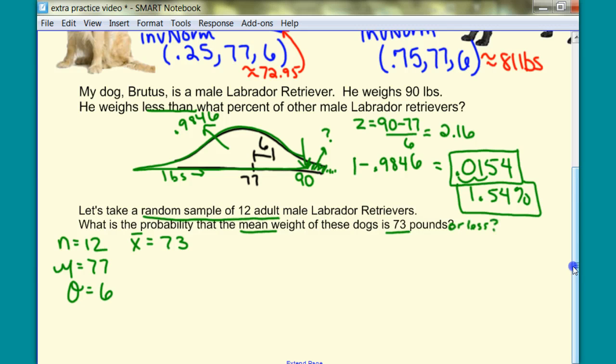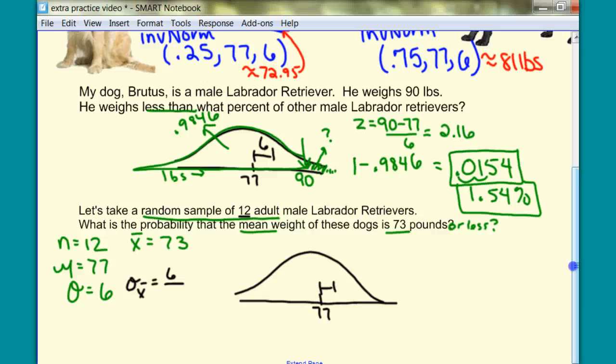As I draw a picture of this, I've got my dog weights. I expect those 12 labs to average 77 pounds, but this spread is no longer going to be 6. I've got a sample size of 12, so I've got to calculate the standard deviation of those sample means. So I go 6 pounds divided by square root of 12. 6 pounds divided by square root of 12, I hope I did that right, 1.73 pounds.